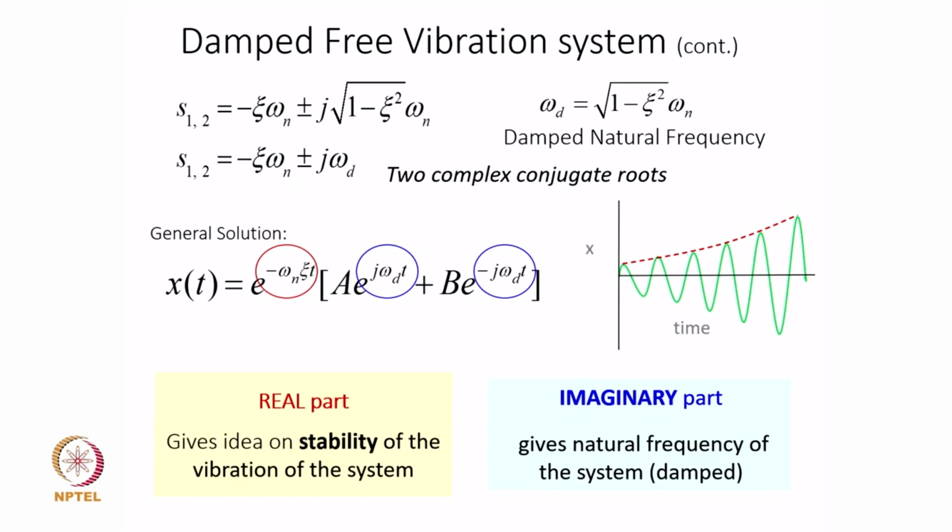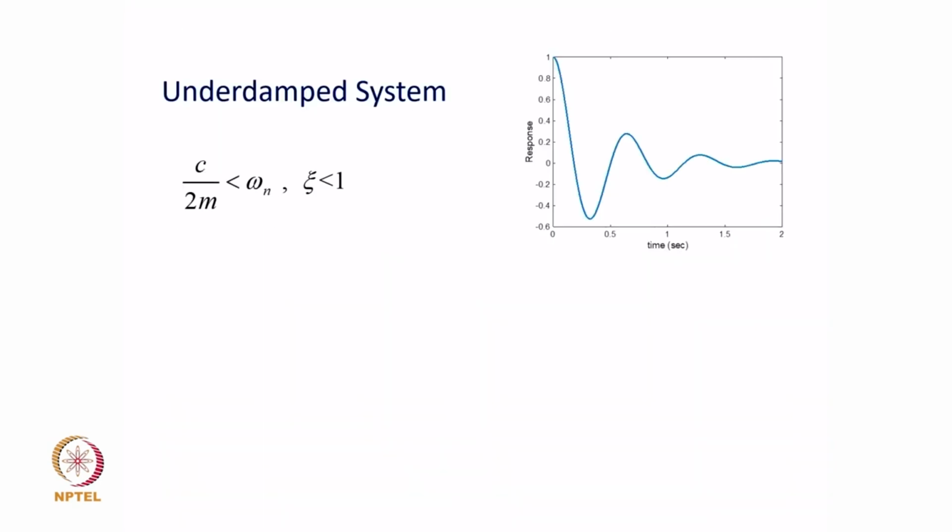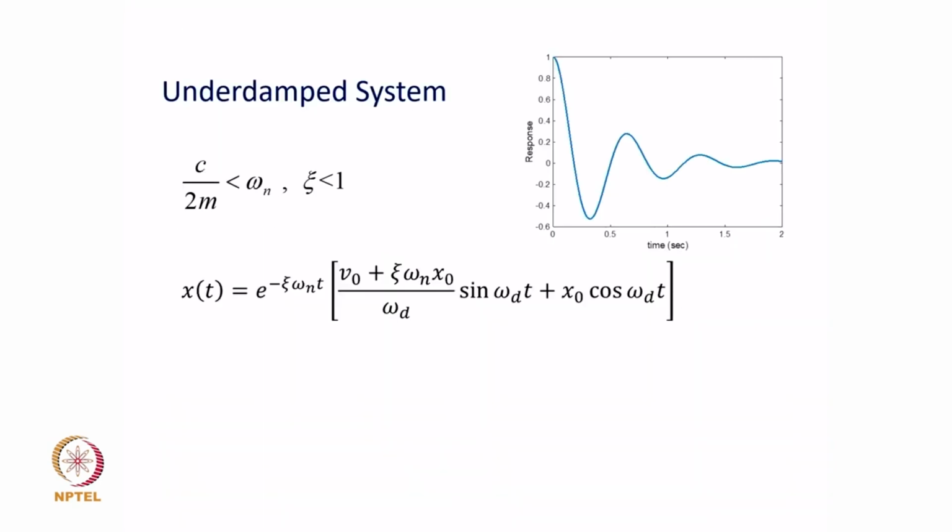Once you solve it, you get an expression like this. What you see here is that A has turned out to be this quantity and B has turned out to be this quantity, and that is the final response, completely identified. You can see that the response is now for a given vibratory system having its own k, m and c values.